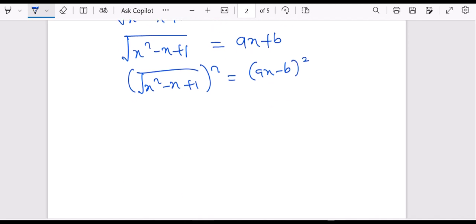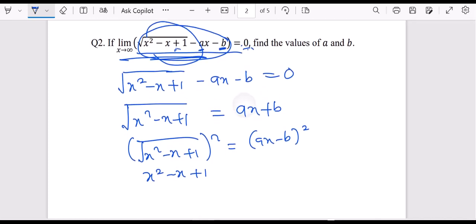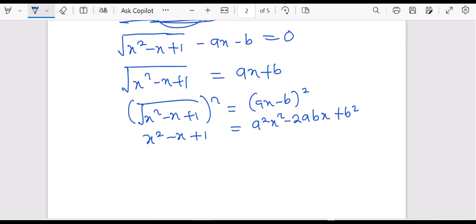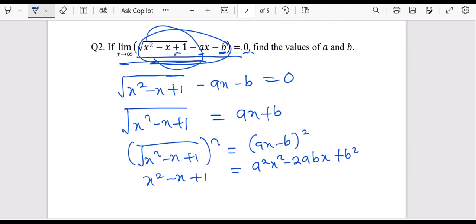And here we get x squared minus x plus 1 equal to a squared x squared minus 2abx plus b squared, according to what we are having here.